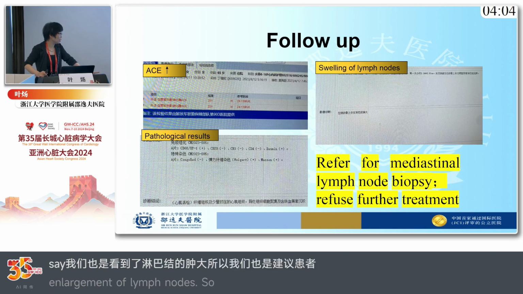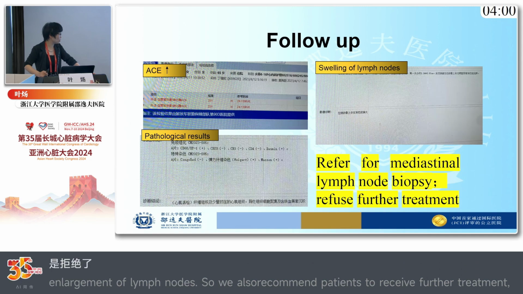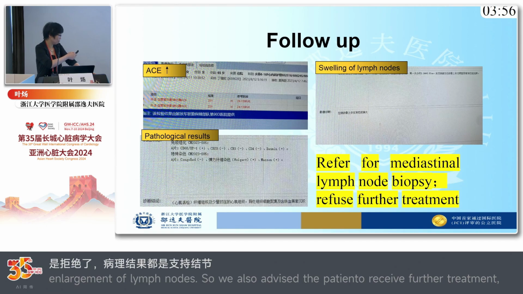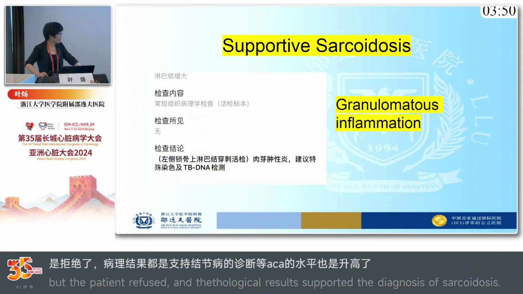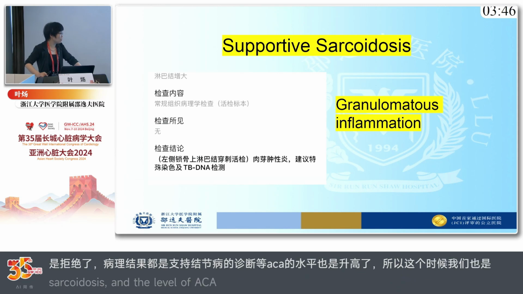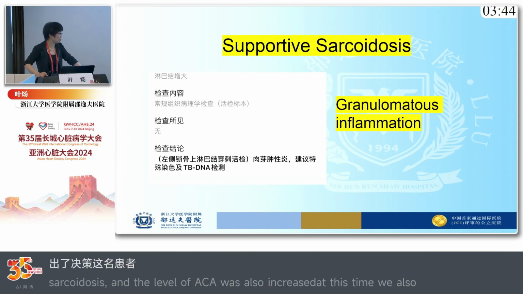But the pathology result also supports sarcoidosis, and the ACE is high because we did the ACE at that moment. So at this time we made the decision: this patient has sarcoidosis, but the patient refused treatment, so we did follow-up for 1 year.